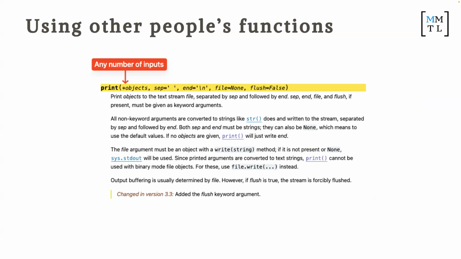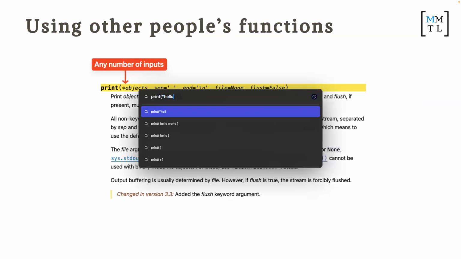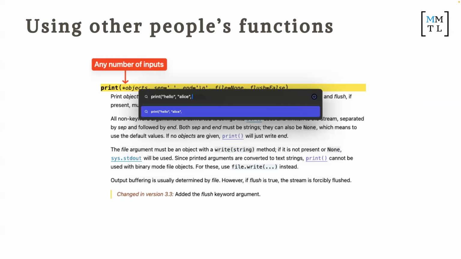You might see some stars as well in some other people's function definitions. All that means is that it accepts any number of inputs. Do you remember how for print, we can do print hello, Alice, exclamation mark, like this?